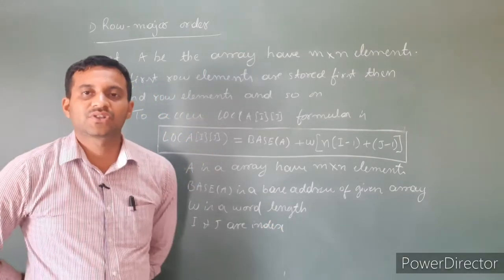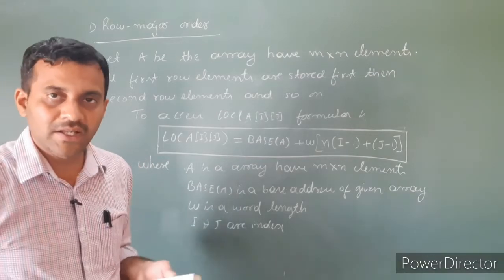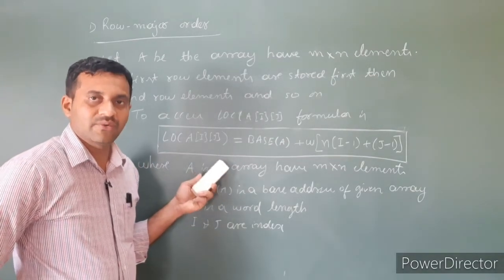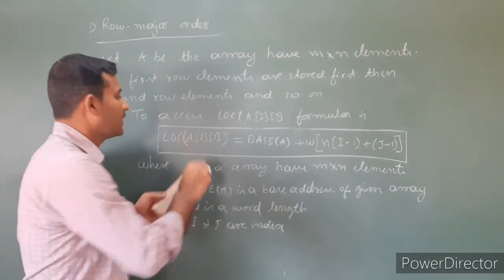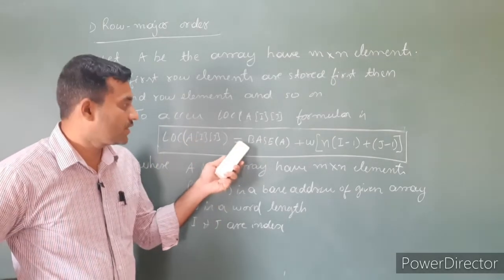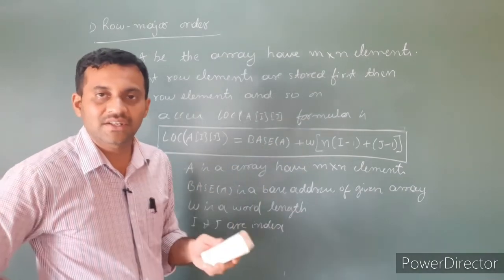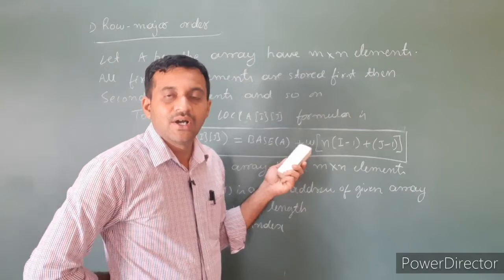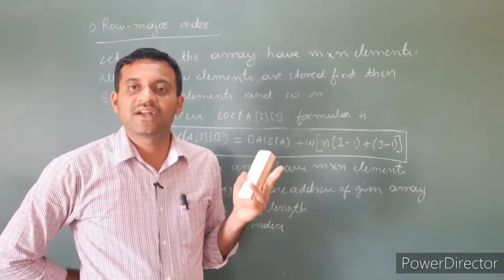If it follows row major order, then to find the address of a given element, this is the formula: location of A of ij is equal to the base address of the array, here base address means the starting address of the array, plus word length. Word length depends on the data type. If it is integer, word length is 2 bytes.